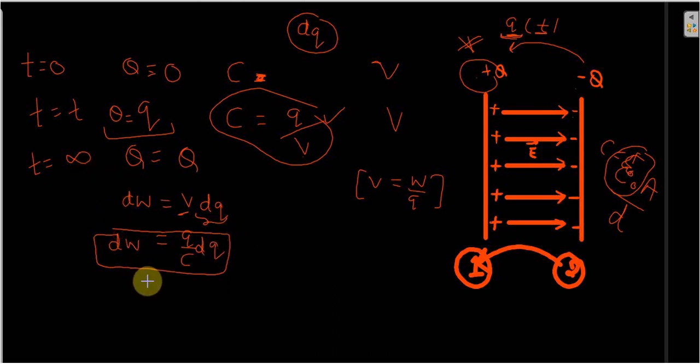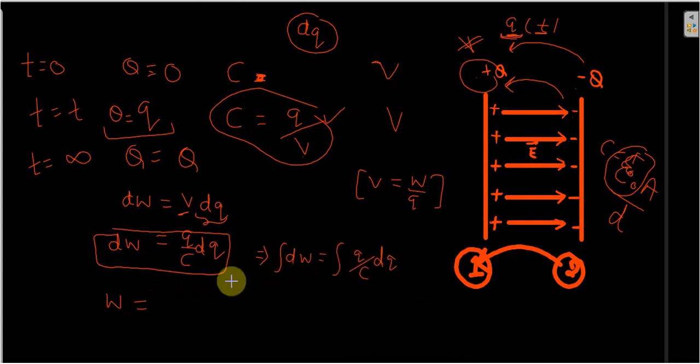Now we have to calculate the total work done to shift the whole positive charge from plate 2 to plate 1. During this time we need to do the work, and that work is stored as potential energy. So we will do the integration now. Integration of dW is equal to integration of Q by C dQ.